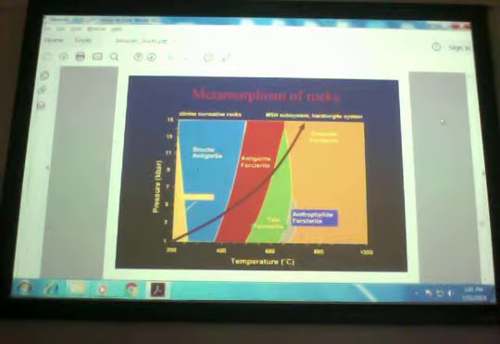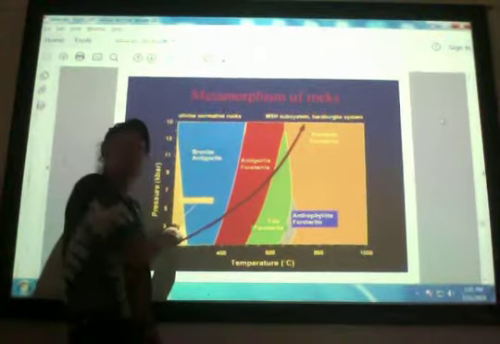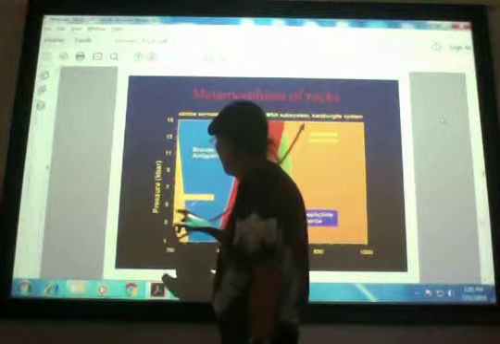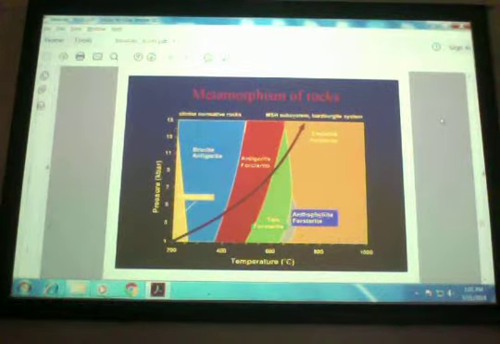So, now what happens when you are hydrating this material? You have originally this material, and now you are making a serpentine out of it. What happens to the density if you are hydrating it?